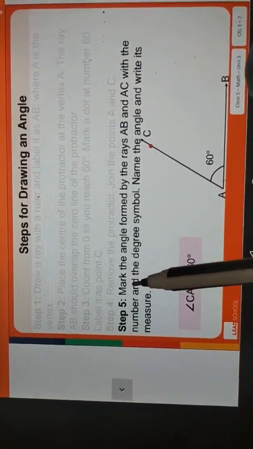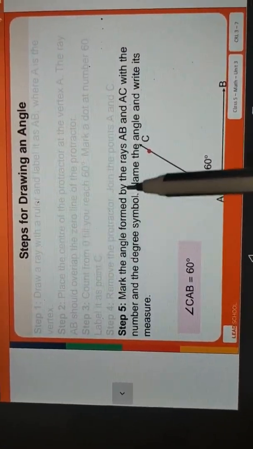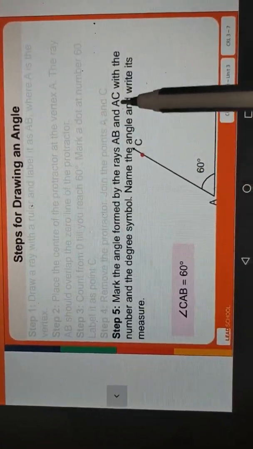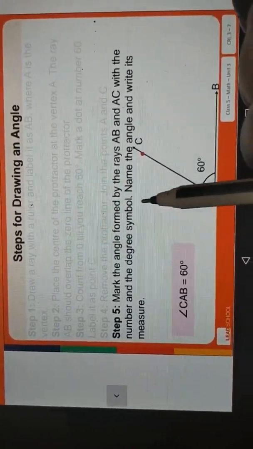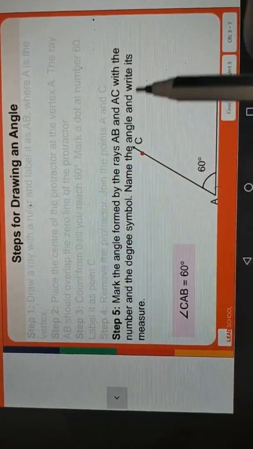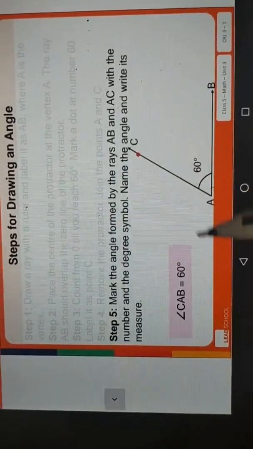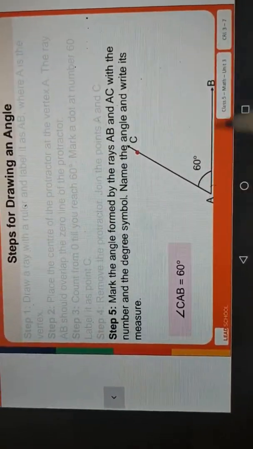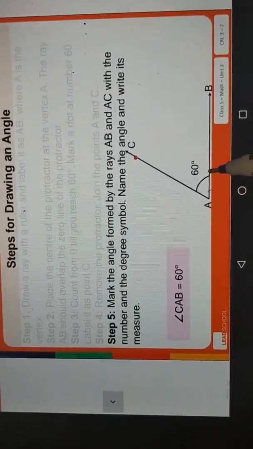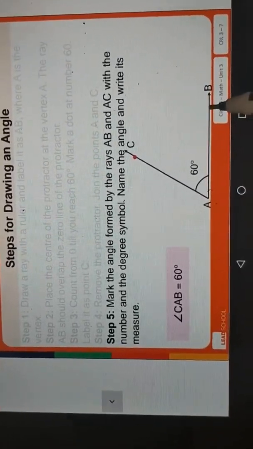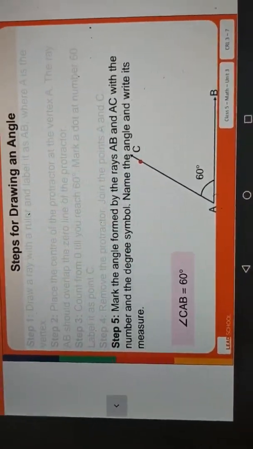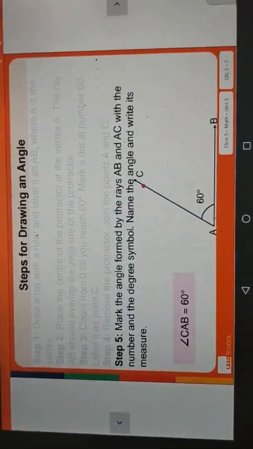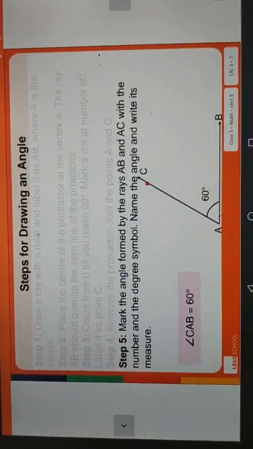Mark the angle formed by rays AB and AC with the number and the degree symbol. Name the angle and write its measure. So angle CAB is equal to 60 degrees. Okay students, got this point? You have to know how to draw the angles.